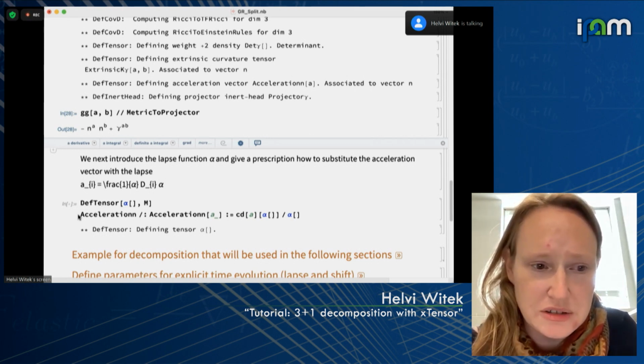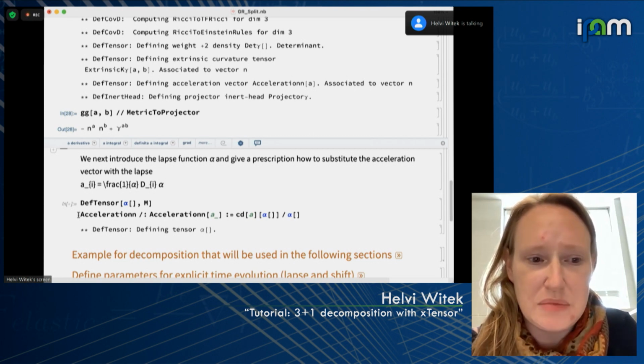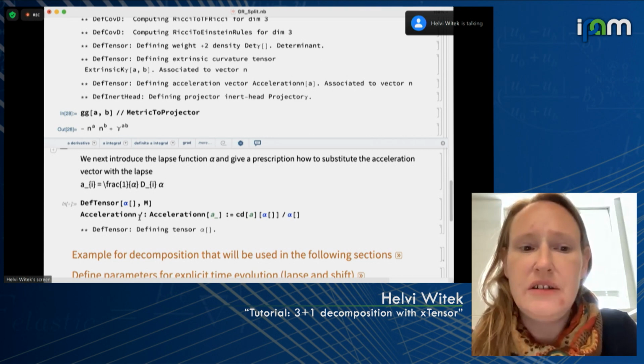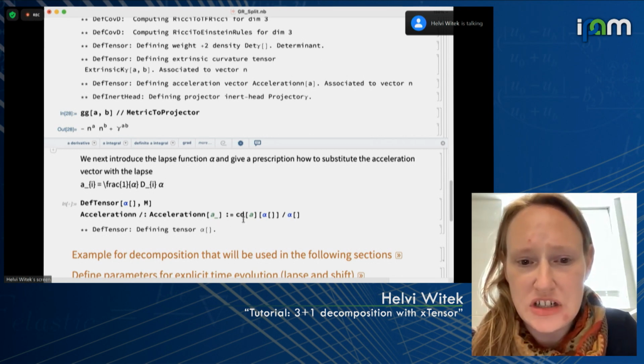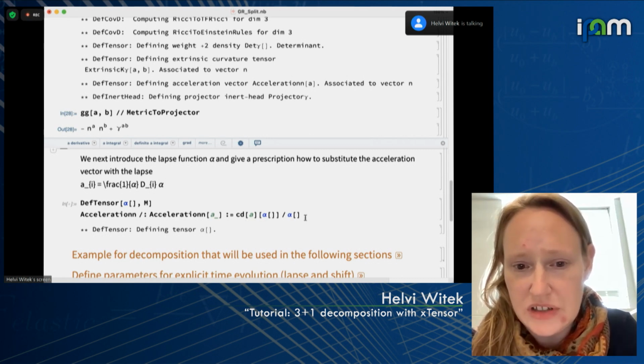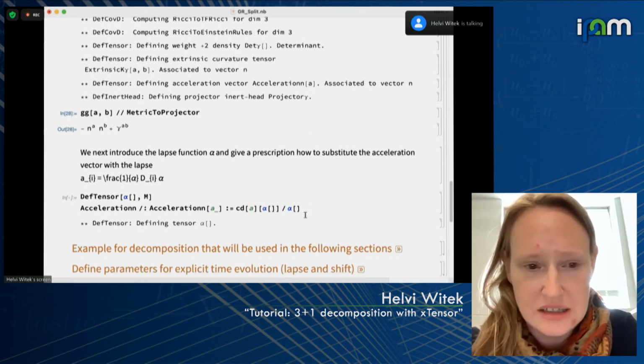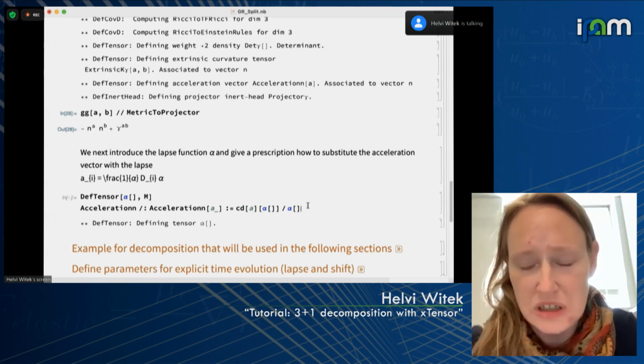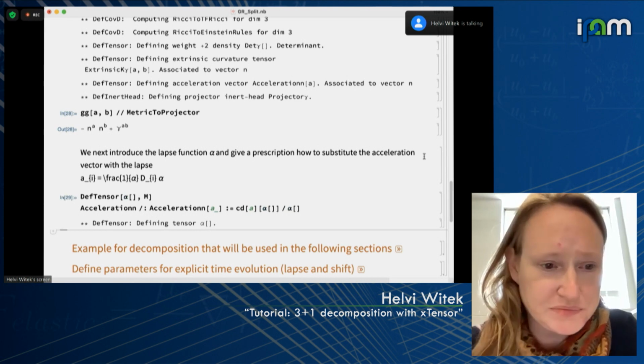I'm also providing a rule that replaces the acceleration with respect to n with this expression, 1 over alpha times the covariant derivative of alpha, which you can derive in just a few lines if you like. This is just a matter of taste; I prefer this form to using the acceleration.